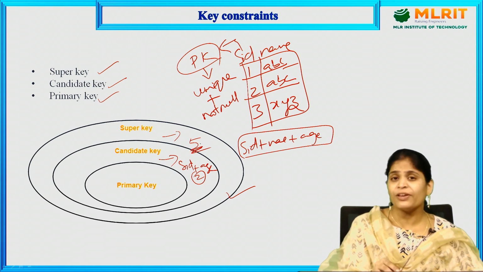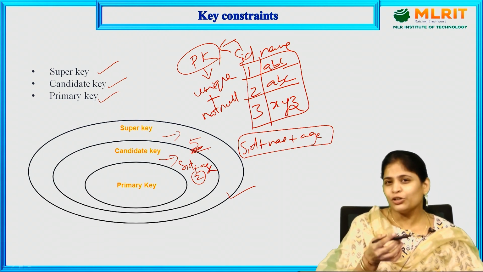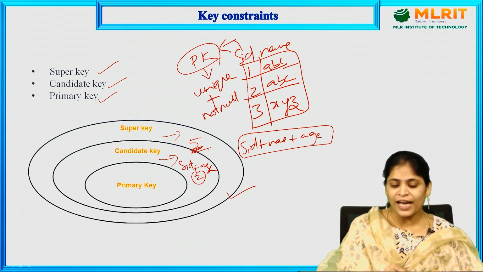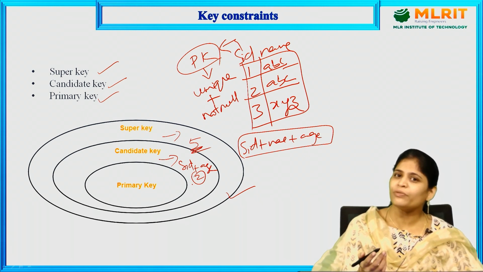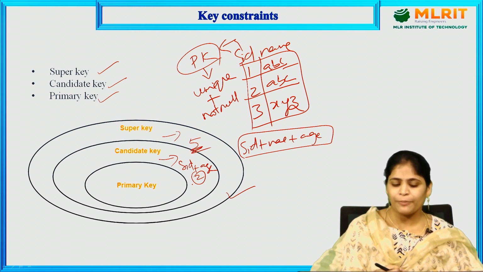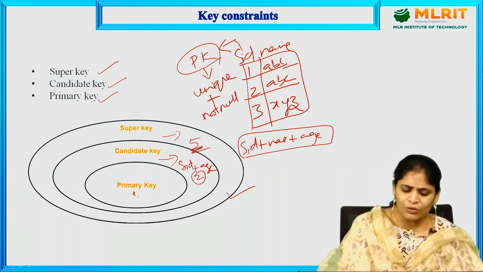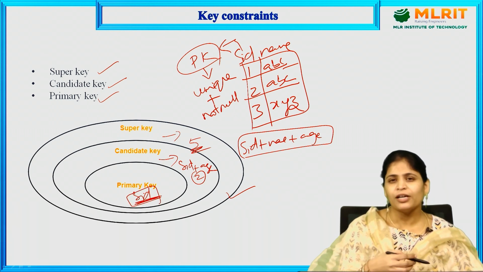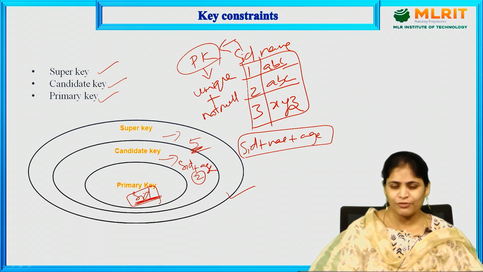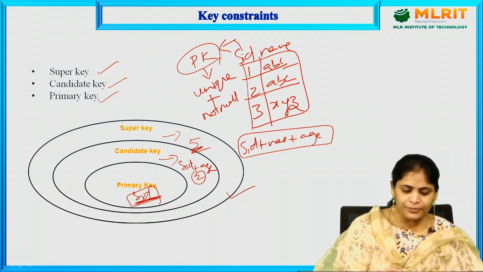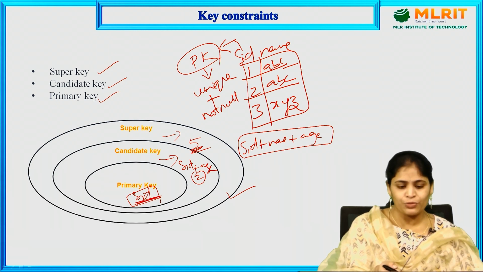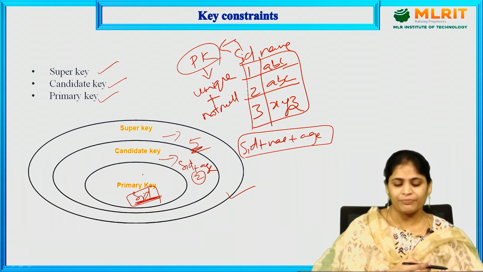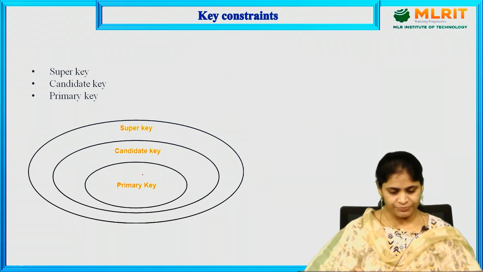In super key we consider 5 columns to retrieve the data uniquely. In candidate key we consider only 2 columns, and by considering only 2, we can retrieve the data uniquely. Primary key, let us take only SID. Depending only upon this SID we can retrieve the data uniquely. That is the basic difference. That is why super key is a superset, candidate key is a subset of super key, and primary key is a subset of candidate key. That is the difference.